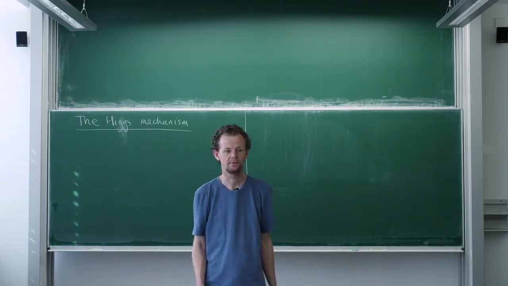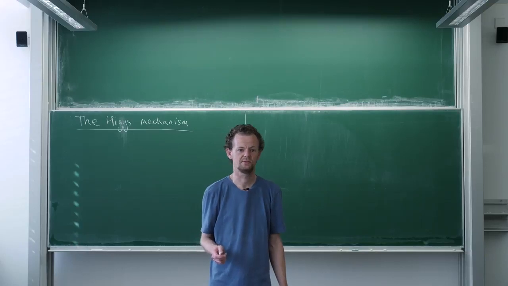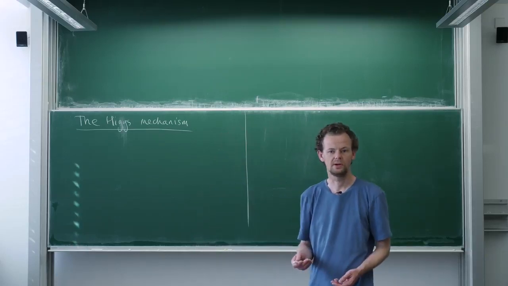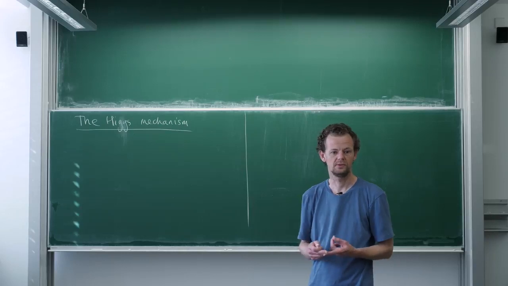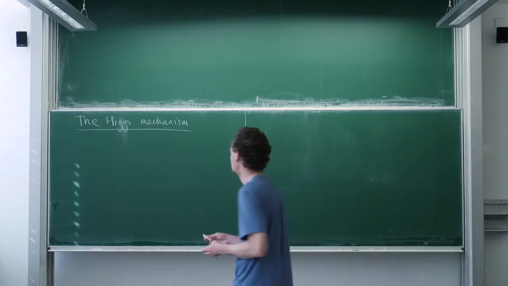Good, then welcome back. In today's lecture, the penultimate lecture for this course, we're going to discuss what happens when you combine Goldstone's theorem, which pertains to symmetry breaking, with local gauge invariance.